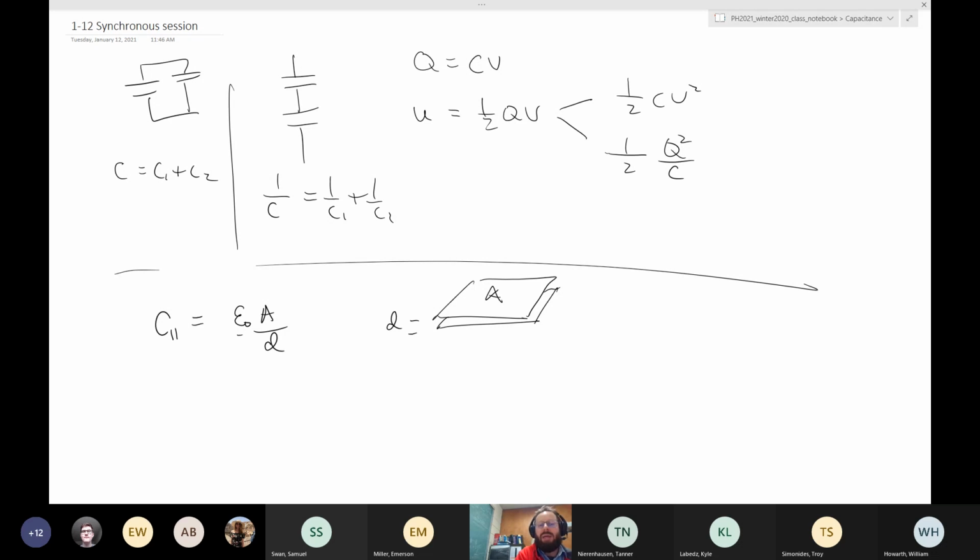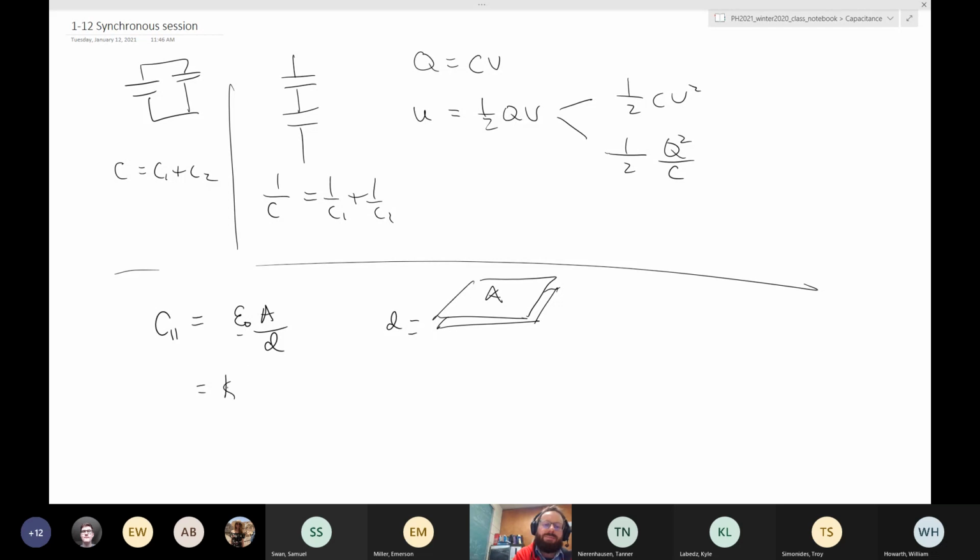And what we're going to do in lab is we're going to see what happens when you add a dielectric. A dielectric is just another word for an insulator, i.e. not a conductor, something where the charge is not able to move all around it. And what happens in this situation is that the capacitance is modified.